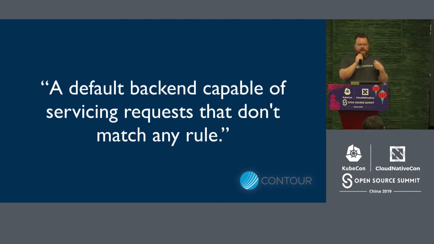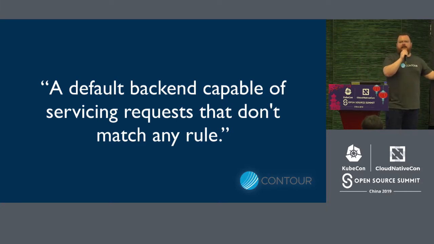So what we have is a situation where each Ingress document can have the notion of a default place to route traffic if it doesn't match anything else. Requests that don't match any rule go to the default backend. That seems pretty straightforward if you're coming from a programming point of view. Like if you're writing a case statement, you're going to have a default case that doesn't match anything else.